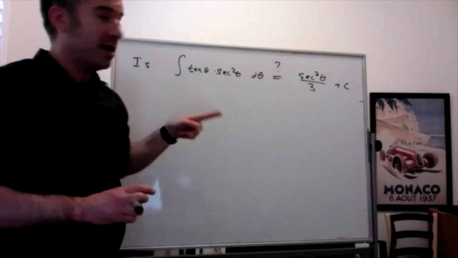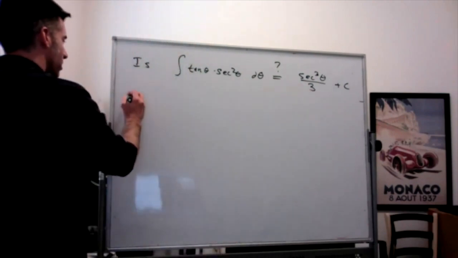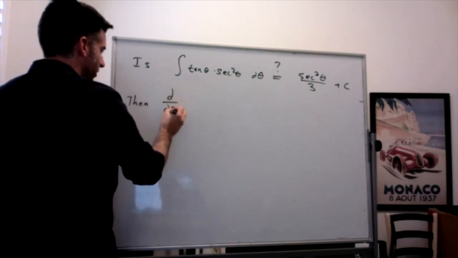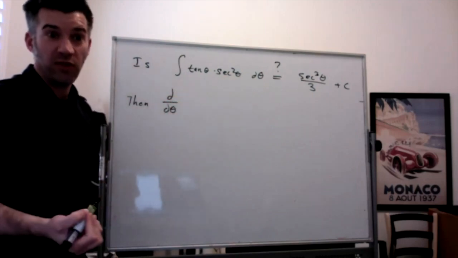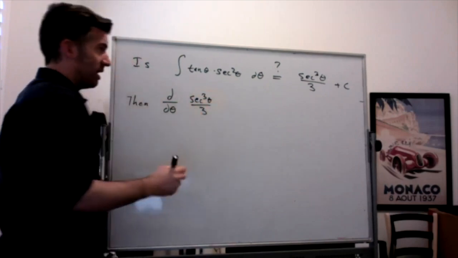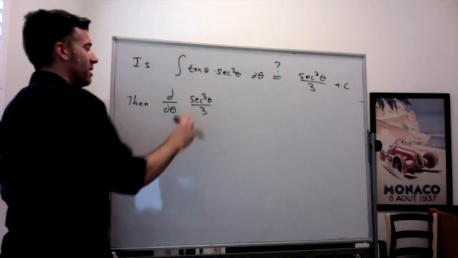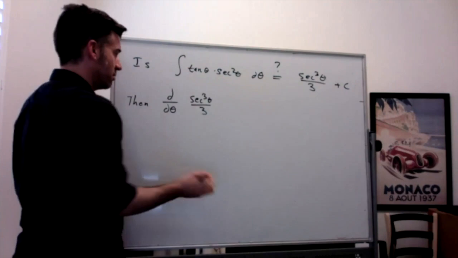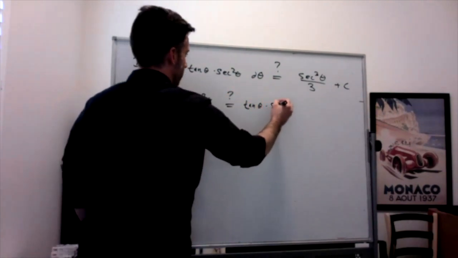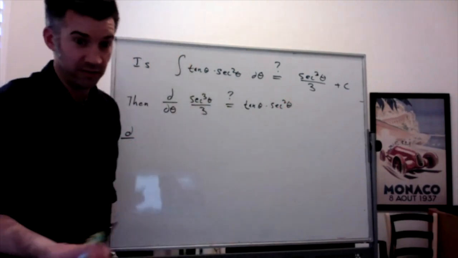Well, one way to check is that if the antiderivative is equal to that, then the derivative with respect to theta of secant cubed theta over 3 should equal tangent theta times secant squared theta. Is that true? I don't know, let's find out, because we definitely know how to take derivatives.